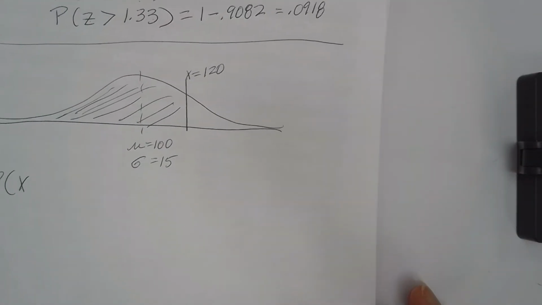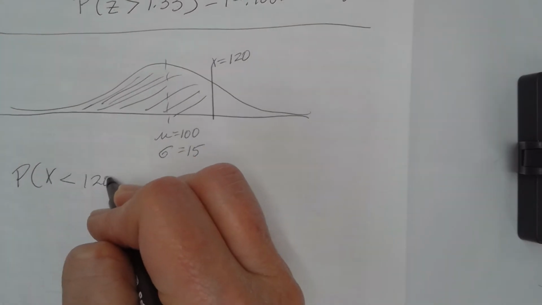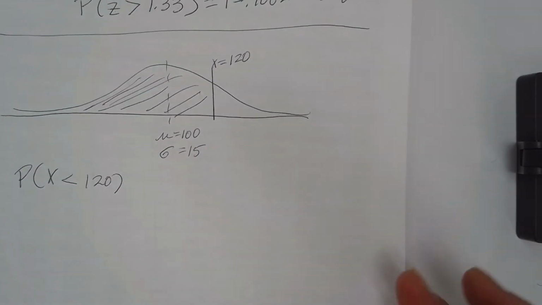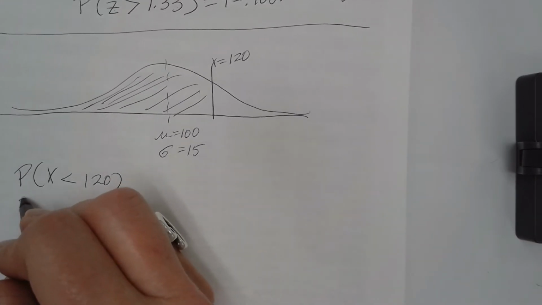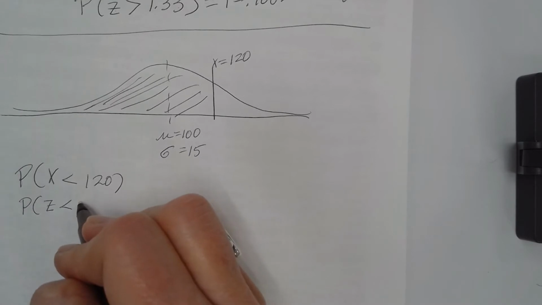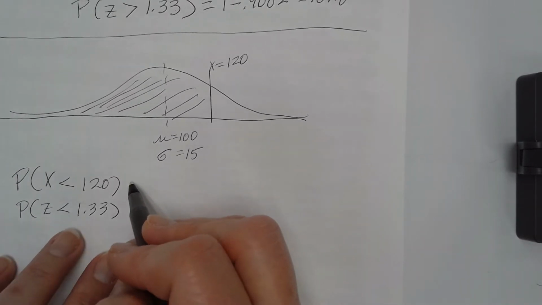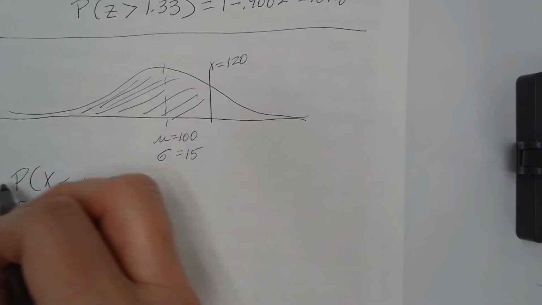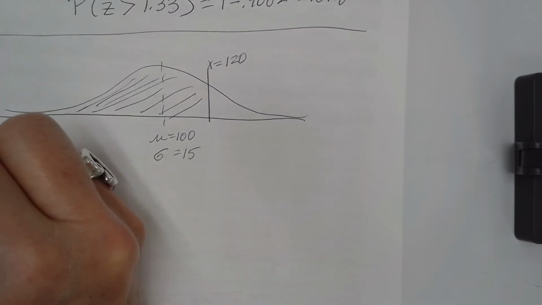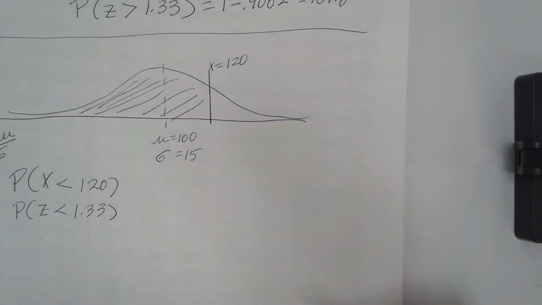So again, changing that to a z-score, z is less than 1.33, which I found using the formula z equals x minus mean divided by the standard deviation.